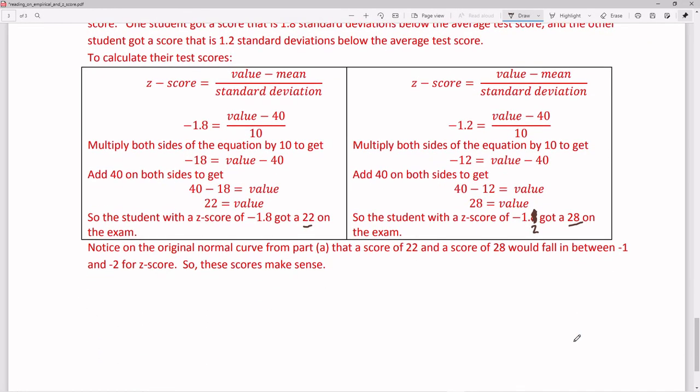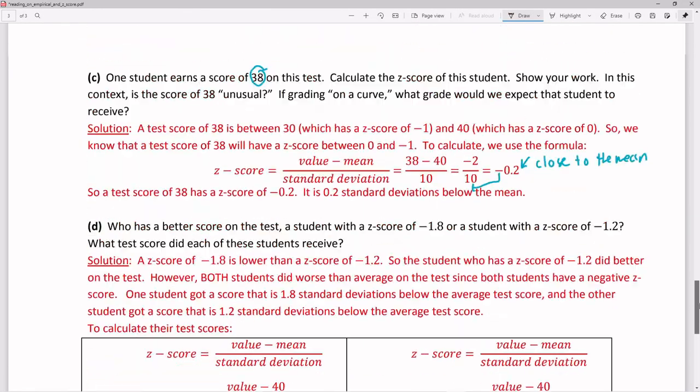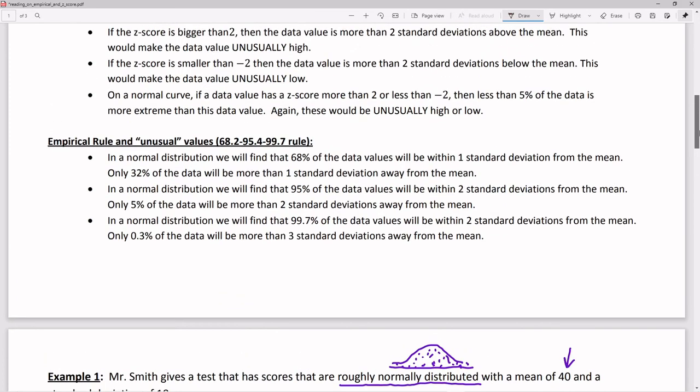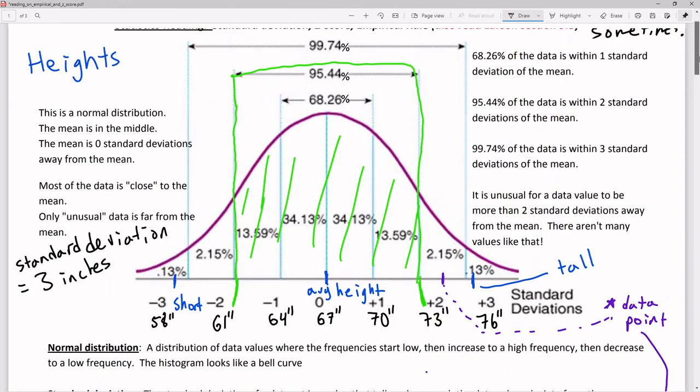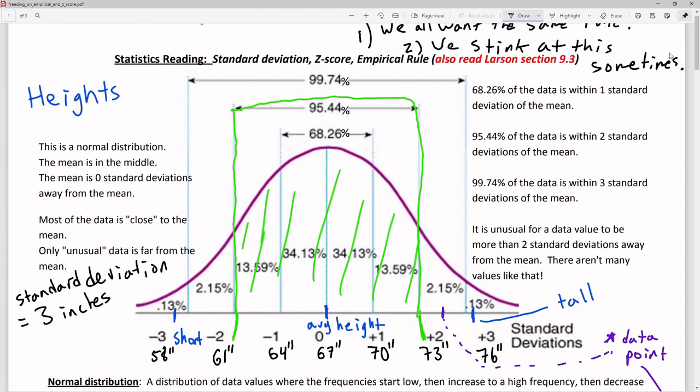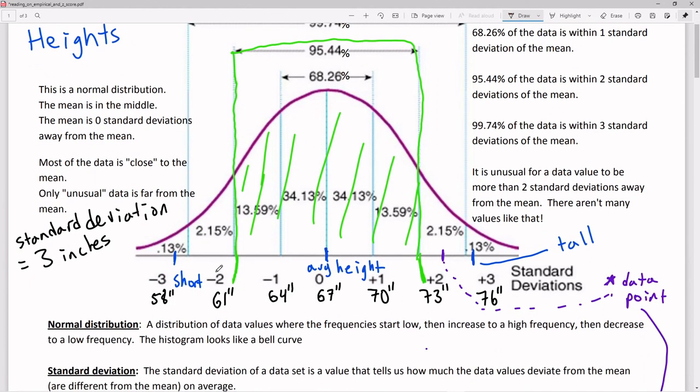There we go. And so I know there's a lot to this, in terms of the calculation and how the problems work, but really you just have to focus on this main idea to start. What's usual? What's unusual? How does that connect to standard deviations? If you are 1 standard deviation away, left or right, you're still in the average.